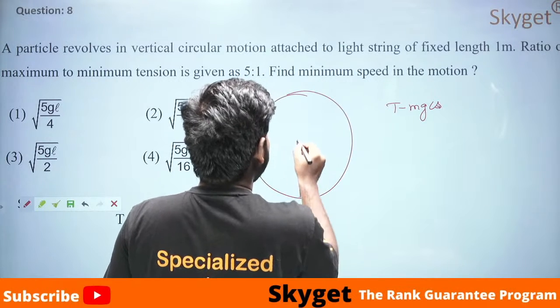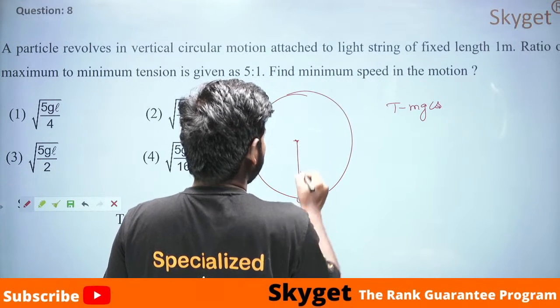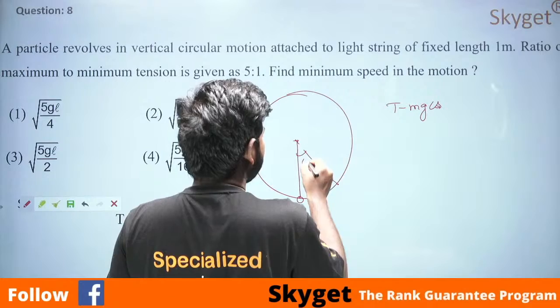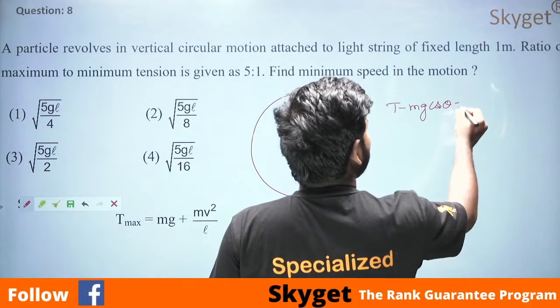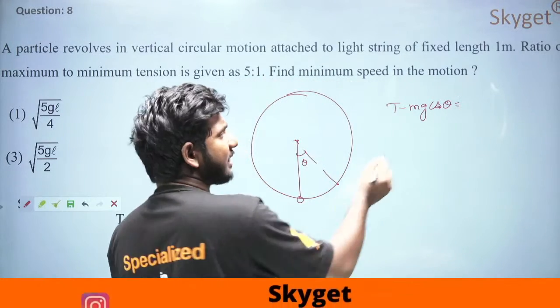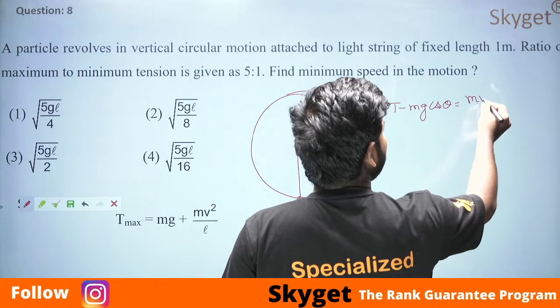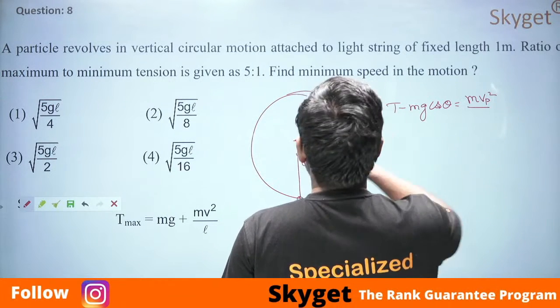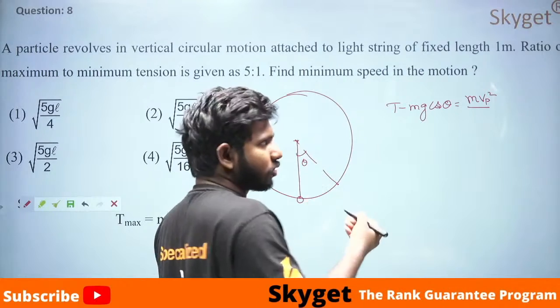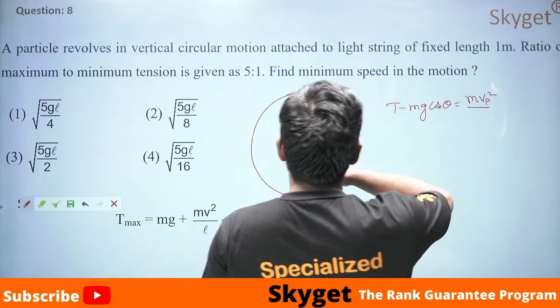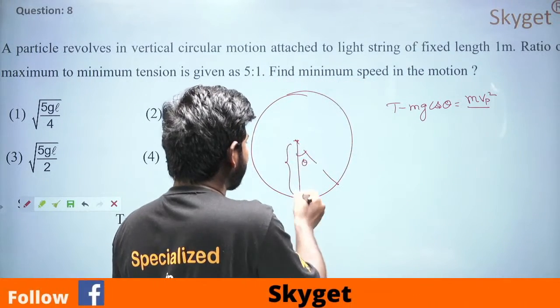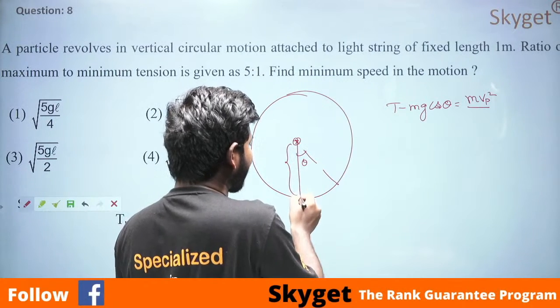So when the particle has started from this position, this is the theta. T minus mg cos theta, theta taken from the vertical, is equal to mv square by L, where L is the radius of this circle, or the length between the fixed point and the ball.